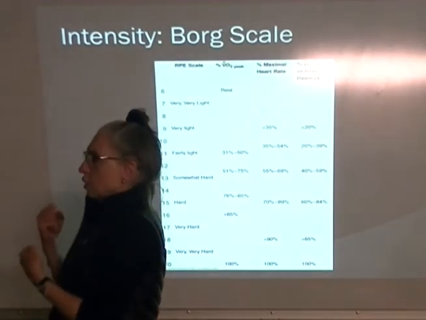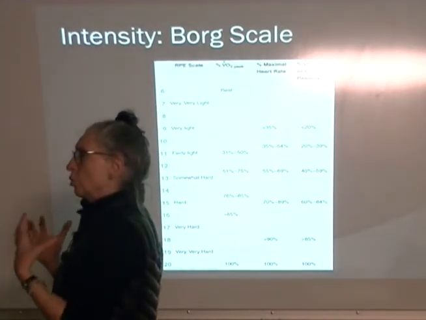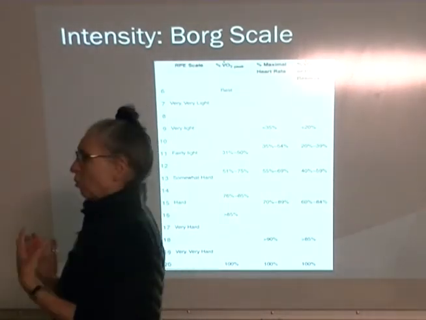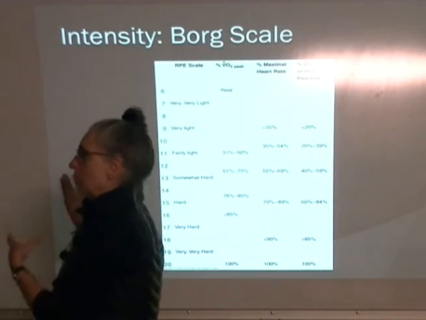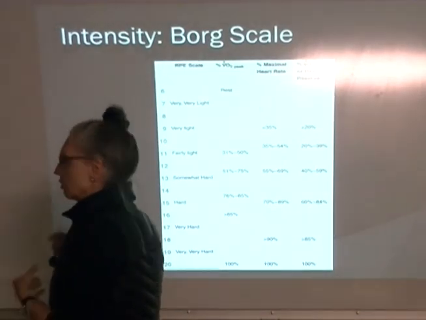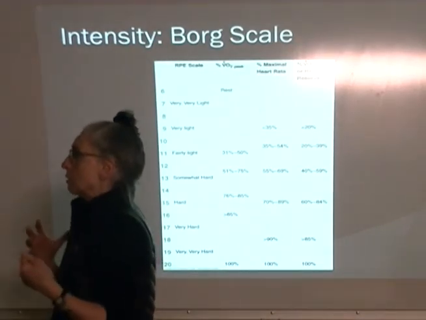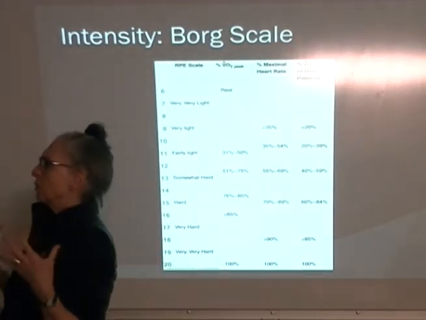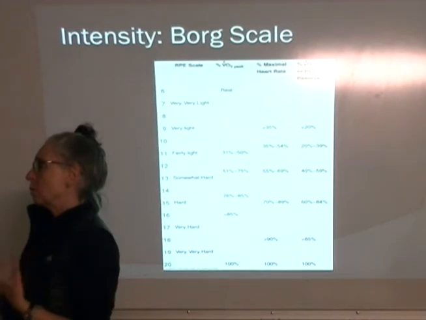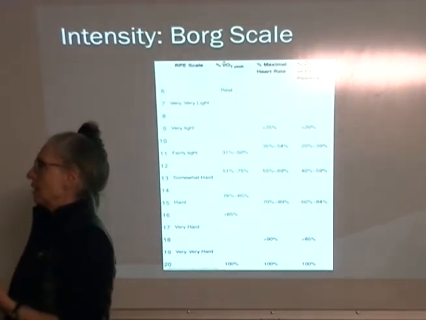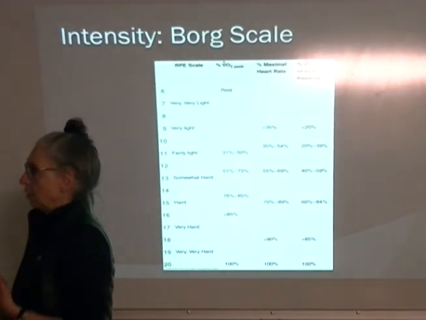The research is quite clear that you should not use a Borg scale or an RPE scale. There are a couple of different versions. with beginners, because when people don't have very much experience with moving, they tend to overestimate how hard they're working, all right?